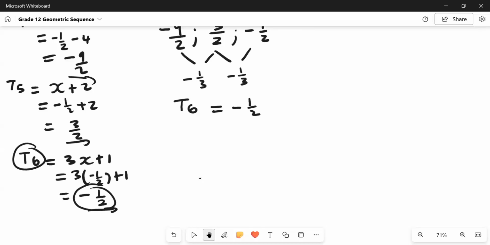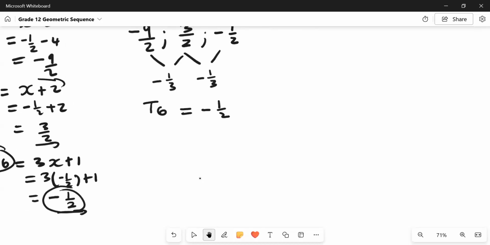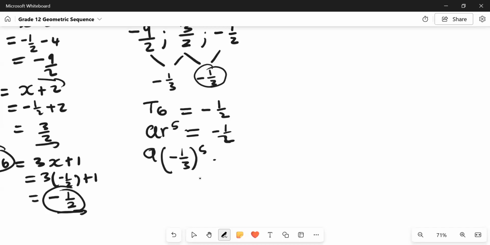Let's use this and express T6 as AR to the power 5 equals negative 1 over 2. But what is our R? R is negative 1 over 3. So you have your A there, and then negative 1 over 3 to the power 5 equals negative 1 over 2.